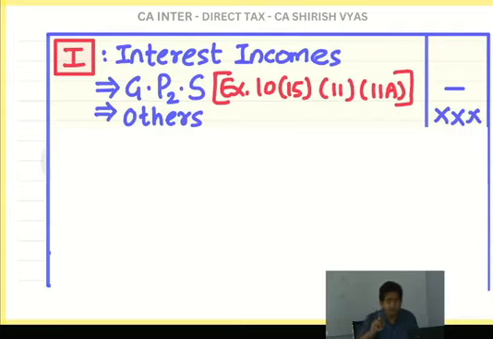But this scheme doesn't come every year in India. It came in 2015. Before that it came in 1999. Only 2 times has this scheme come in India. So whenever in the question they give gold bonds, they will write: gold bonds under Gold Monetization Scheme 2015.